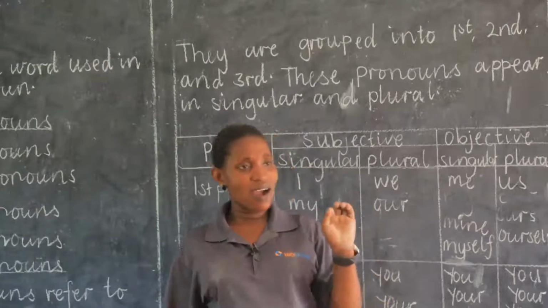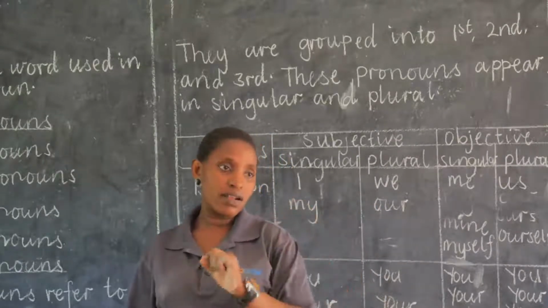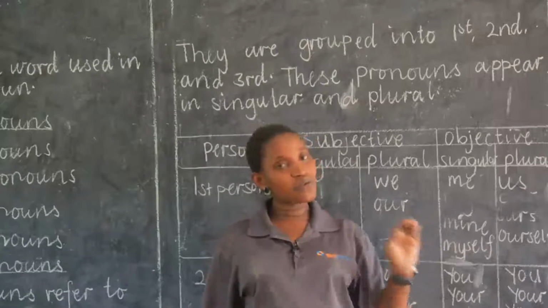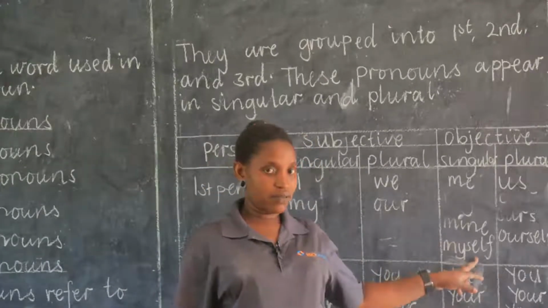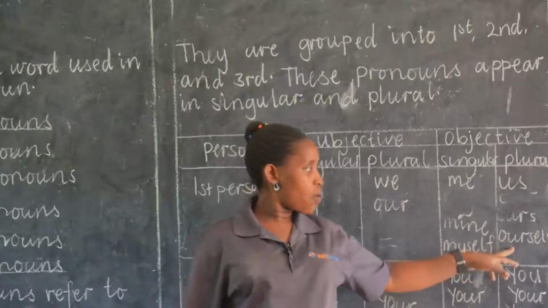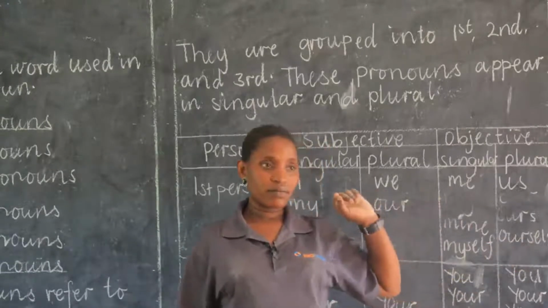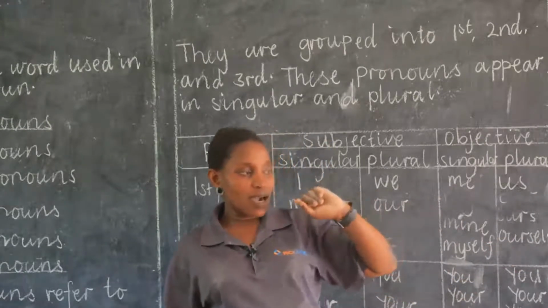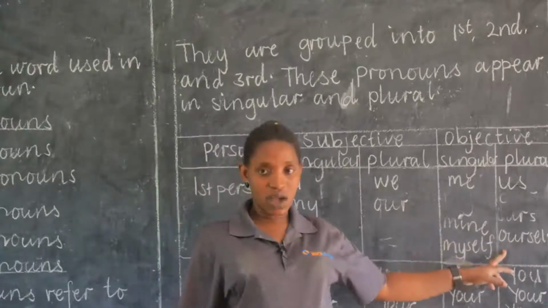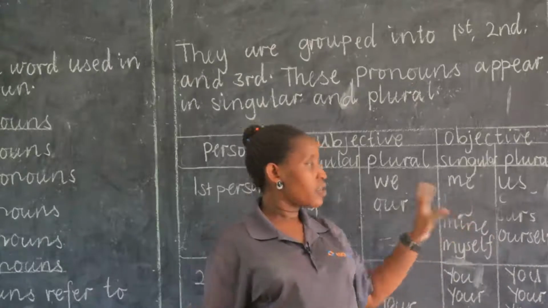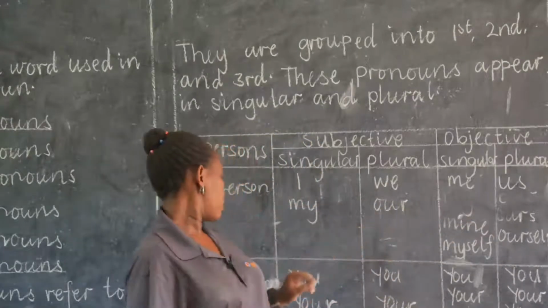I took the car myself. I ate the food myself. That is now reflexive. Then here, ourselves. We took the car ourselves. Reflexive now. That is the first person.